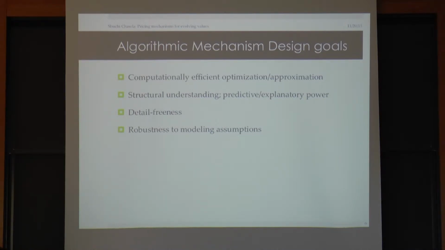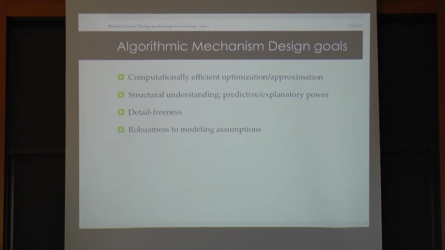And when we talk about optimal or near optimal mechanisms, often there's a worry about overfitting to the details of this model. And one important goal is to be able to come up with mechanisms that are not very finely tuned to the fine specifics of your assumptions, but are rather mechanisms that can work broadly.